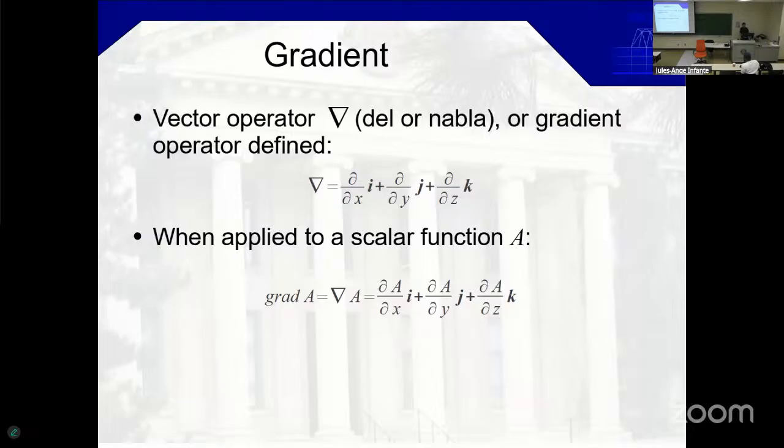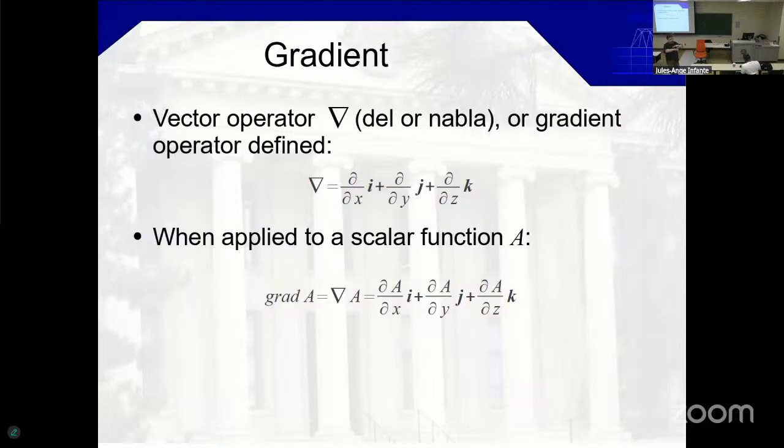Some other operators you're going to find is the gradient operator, which is an inverted delta. And you apply the gradient to a scalar field, but the result is a vector.